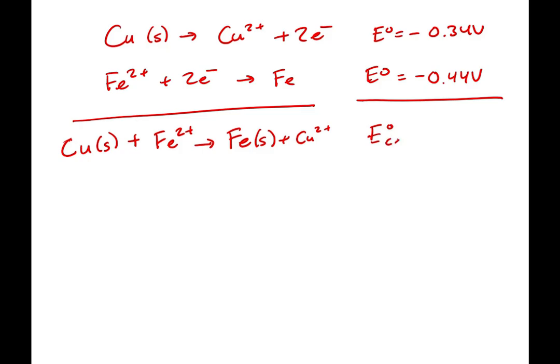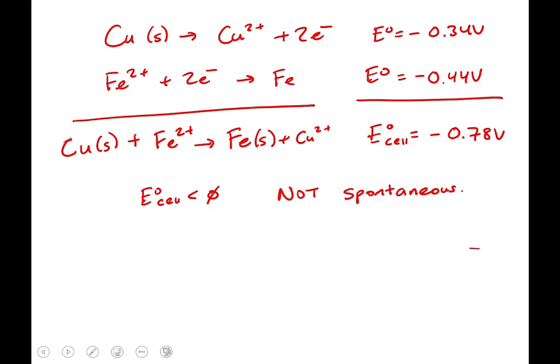When you go to calculate the full cell potential at standard conditions, that comes out to negative 0.78 volts. And since the full cell potential at standard conditions is negative, that means this process is not spontaneous. You will not be able to get this to occur. If you wanted to make it happen, you'd have to apply an external current and voltage.